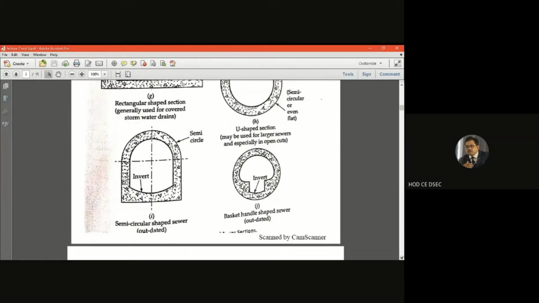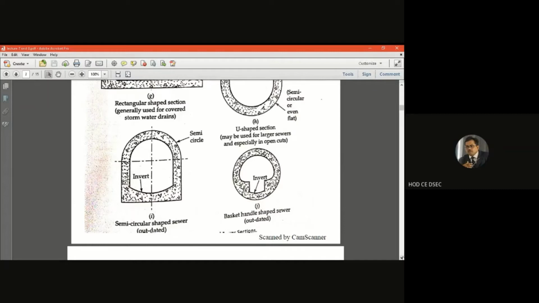Now, the ninth shape of the sewer I am going to describe to you is the semicircular shape sewer. Why mention it? Because now it is outdated, although it was there, it is not being used. Just to get acquainted with what the semicircular sewer is.